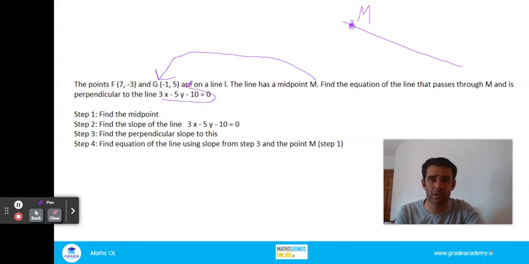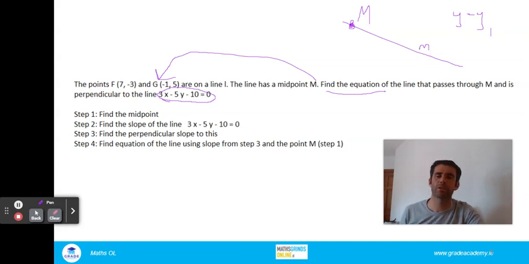Okay, well, if we get the slope of that line, work out the perpendicular slope of it, we will know m, the slope of this line. And the question asks us to find the equation. So that means, you know, the y minus y1 formula. So what do we need to know for that formula? We need to know a point and a slope. Well, we will have the point here and the slope.